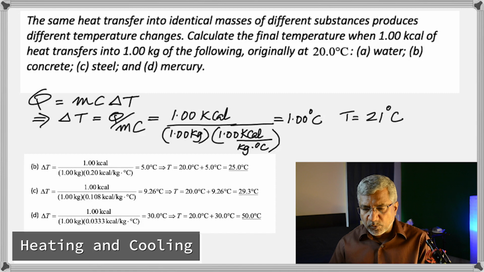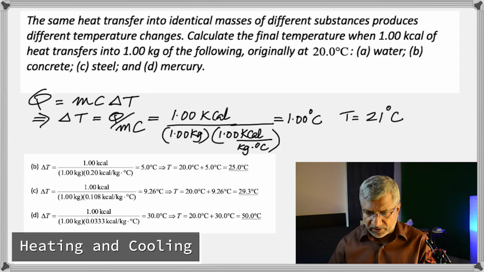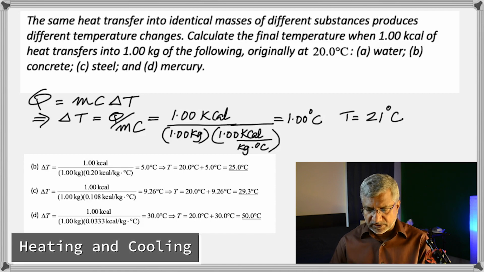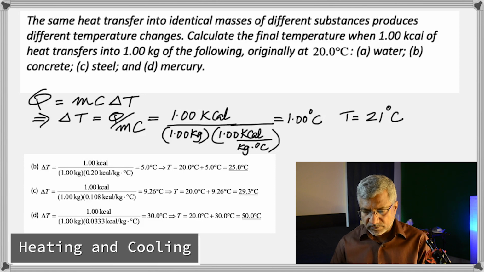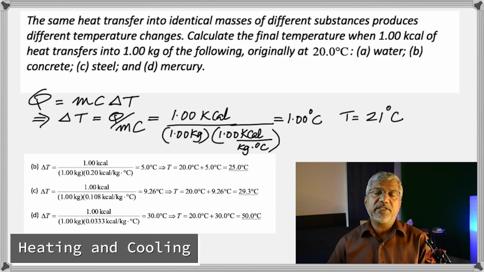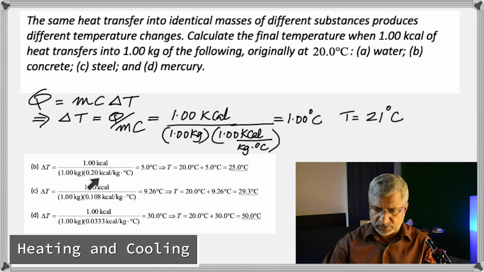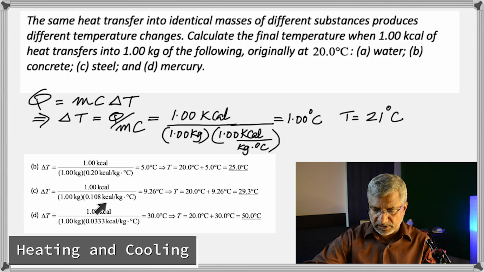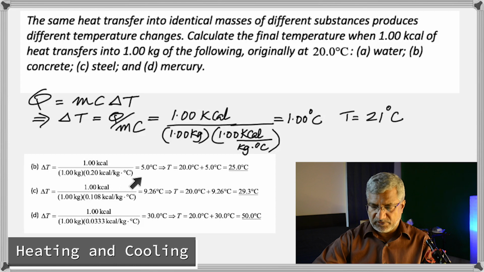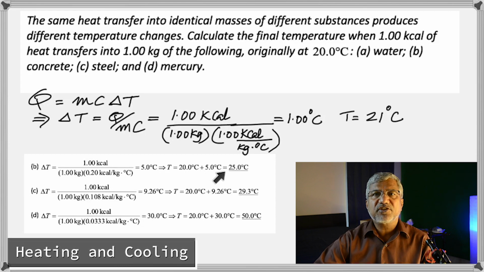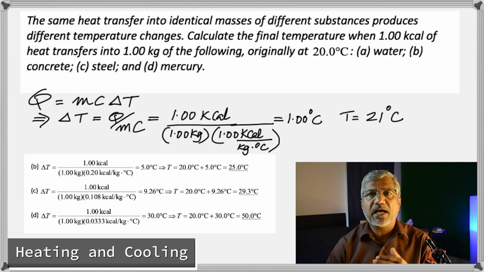In the same way, we have to work out all the others. The only quantity that changes is the specific heat. As you can see, for this it's 0.20. What is that? That's concrete. Then steel and mercury. Because the specific heats are different, the change in temperature is going to be different. Notice that if the specific heat is smaller, then the change in temperature is higher.